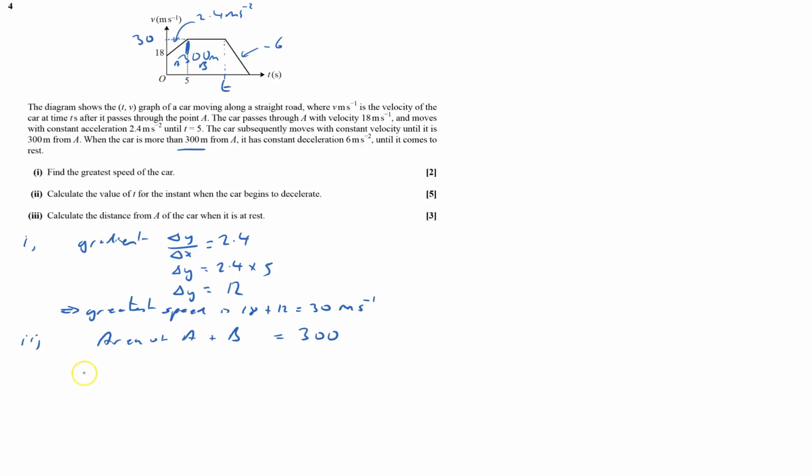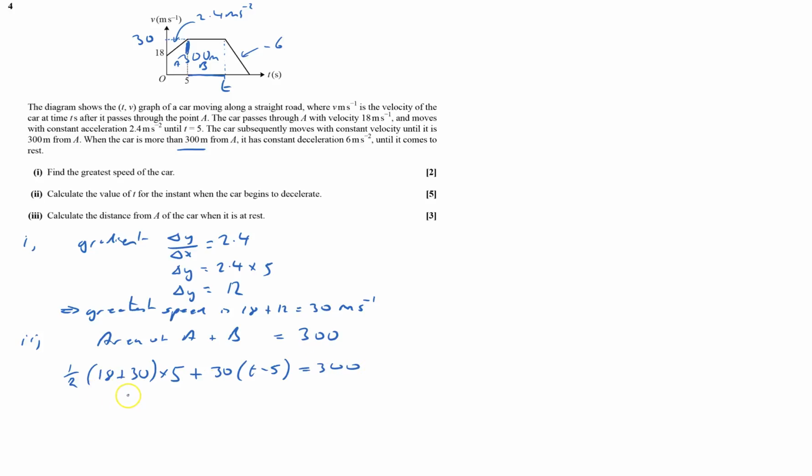Area of a, that's a trapezium, so it's half of 18 plus 30, the average of the parallel sides, times the distance between them, that's 5, plus the area of the rectangle, which is the height, 30, times the base, and that'll be t minus 5 as I've got it set up, and that equals 300.